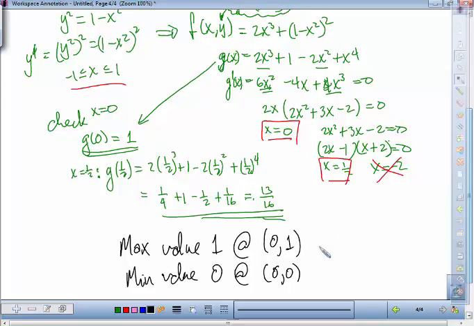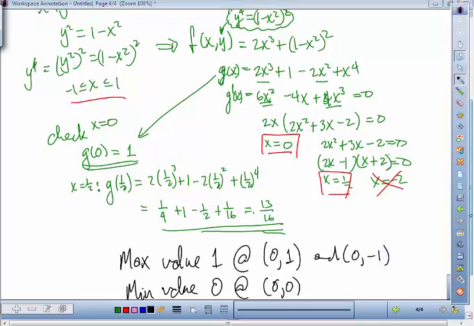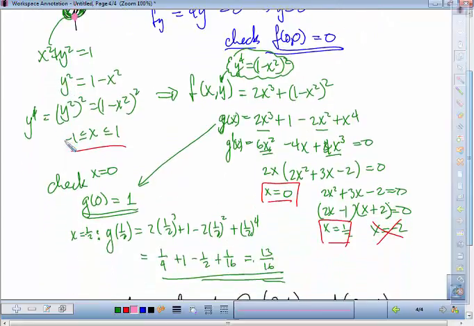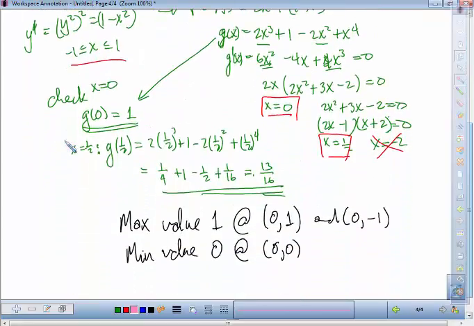I think -1 also happens, because if you look at putting the x value of 0 into the function, when x is equal to 0, you have two possible y values on the boundary.